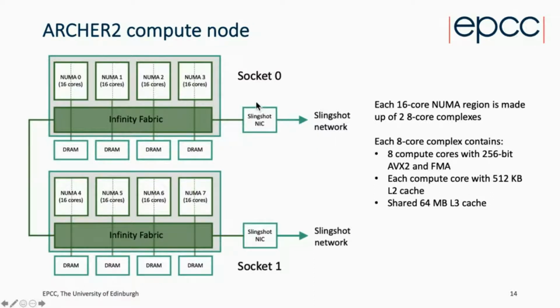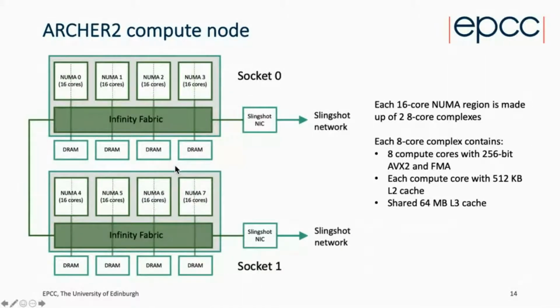Each of these 16-core NUMA regions is made up of 2 8-core complexes, which have the 8 compute cores, some L2 cache, and some shared L3 cache between the 8 cores. And then they go out to the Infinity Fabric to talk to the other cores on the socket, and then off to the other socket as well. So that's the base architecture of the node.